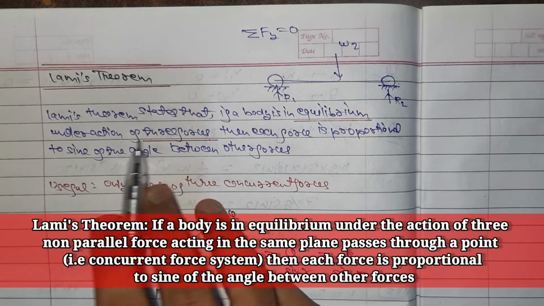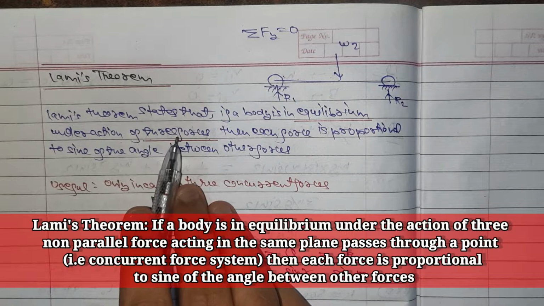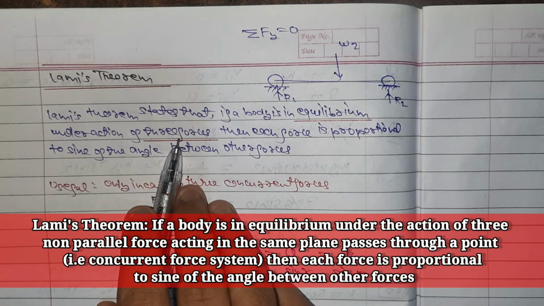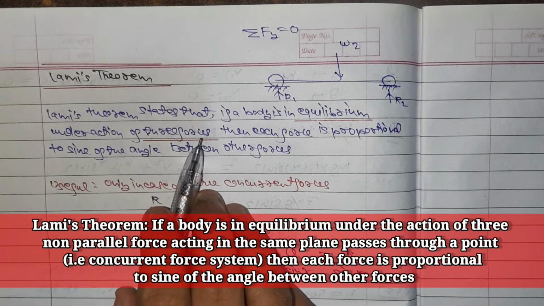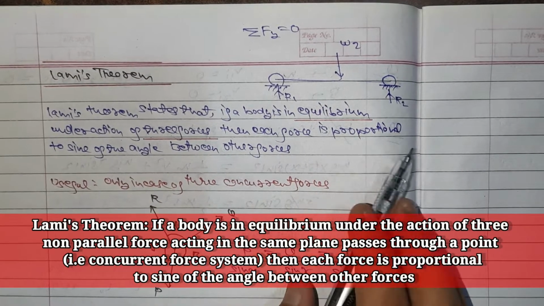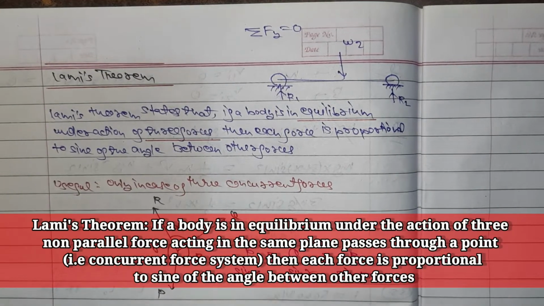Instead of that, what we can write is under the action of three non-parallel forces acting in the same plane passing through a point, that is, a concurrent force system. Then each force is proportional to the sine of the angle between the other two forces.